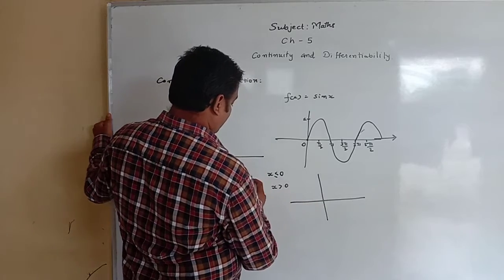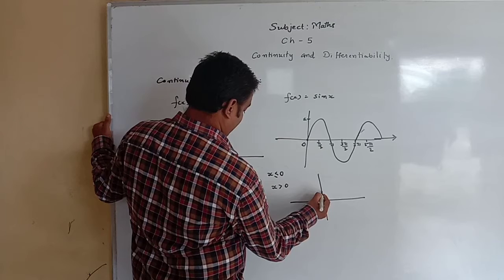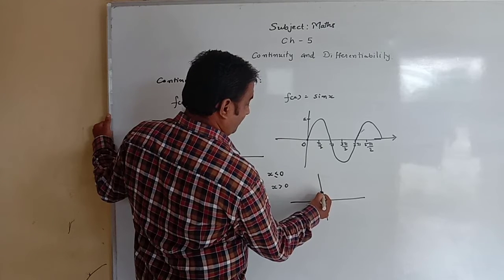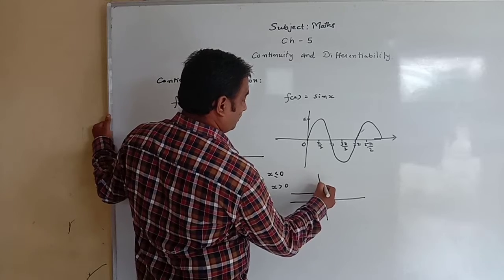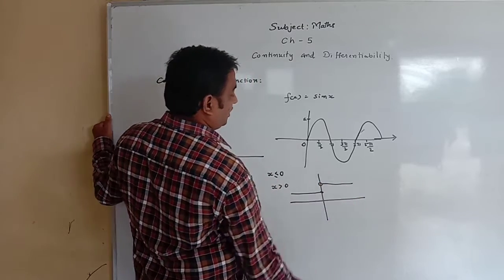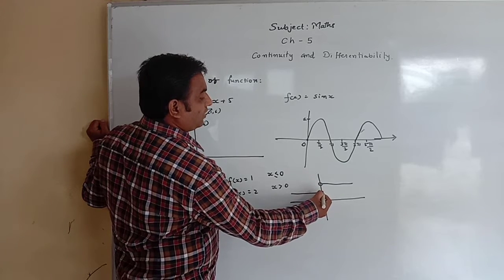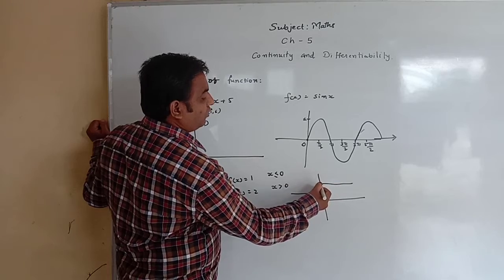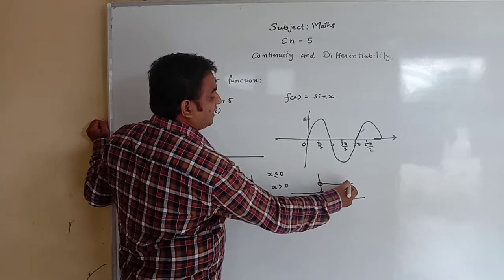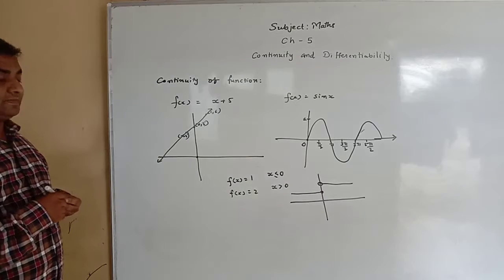For negative numbers it is 1, and for positive numbers it is 2. Here we can continue drawing up to 0, but when we go to positive numbers we have to lift the pencil, and so such a function is a discontinuous function.